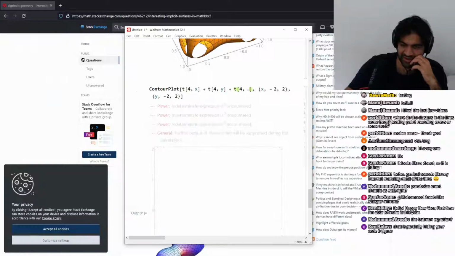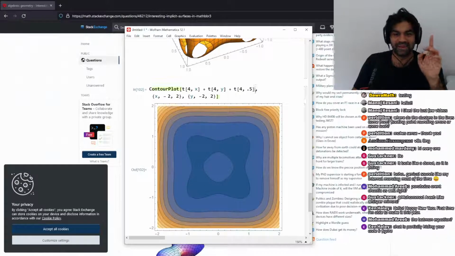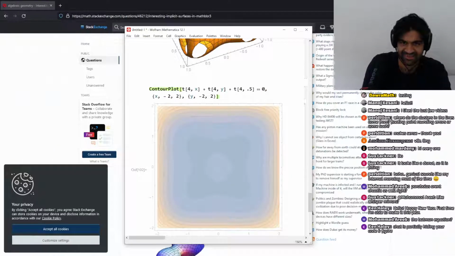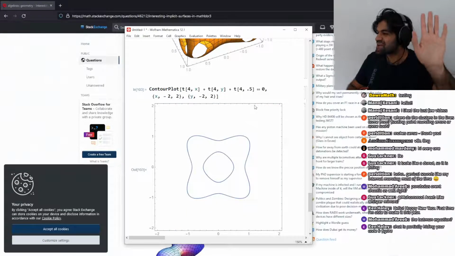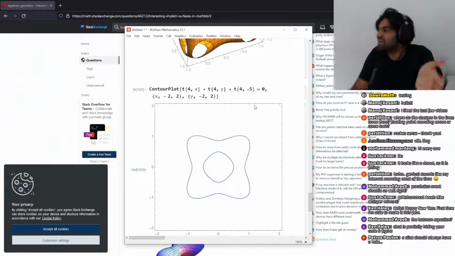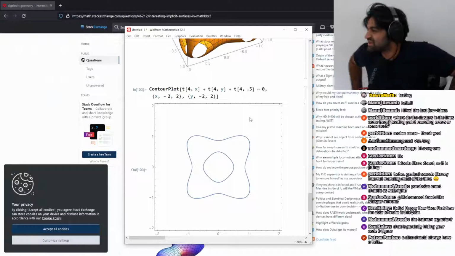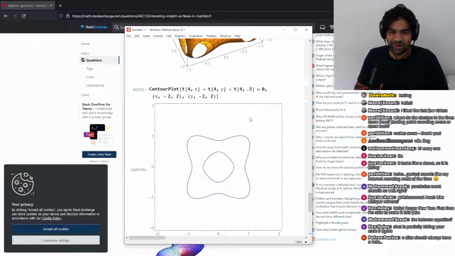Let's do 0.5. Okay, what's this one? 0. Ooh, okay. 0.5 works. Okay, now we have a room with a hole. Yeah, I thought it should. I don't know why it wasn't working, Petros. But there you go. Now we have a slice with a hole.